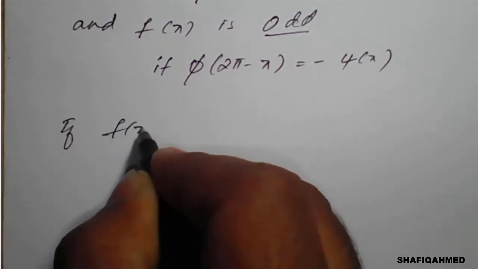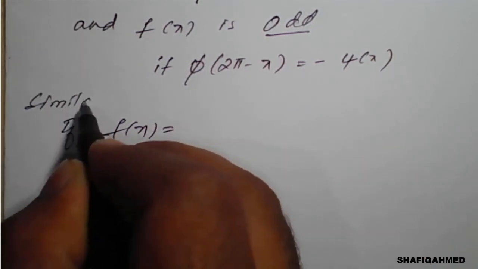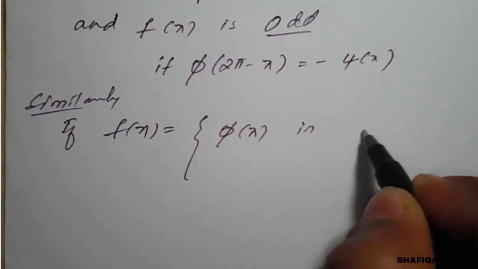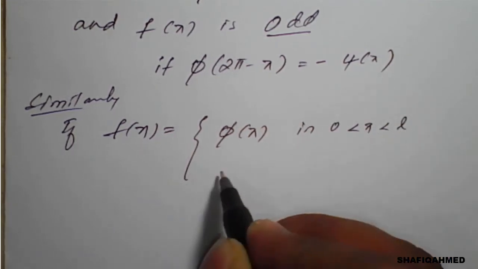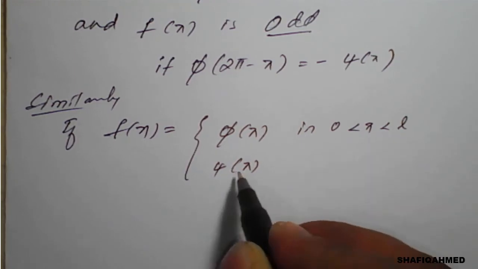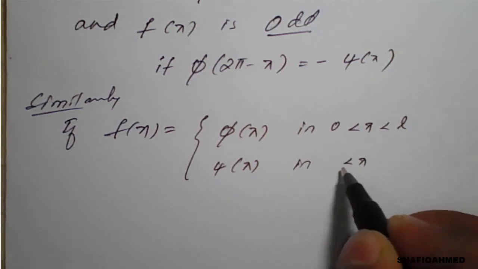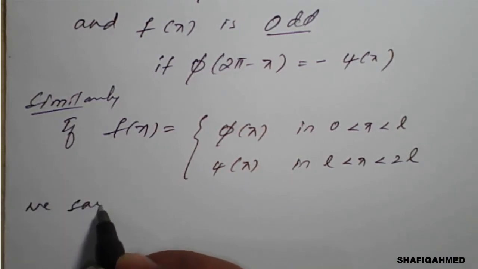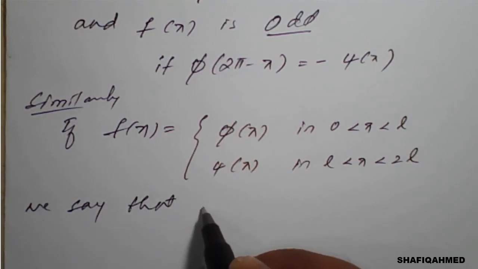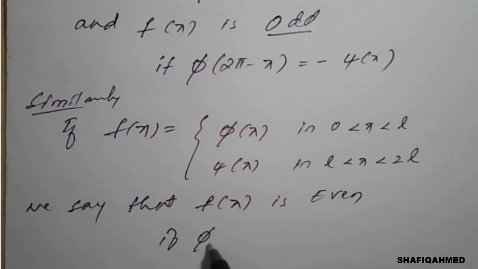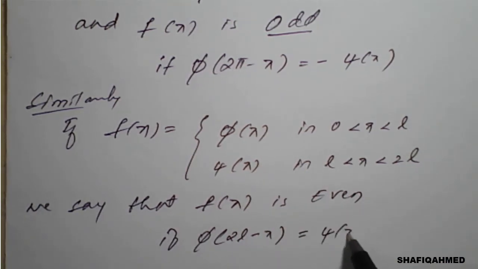If f of x is equal to phi of x in x greater than 0 less than L, and psi of x in x greater than L but less than 2L, then we say that f of x is even if phi of 2L minus x, because the period is 2L, is equal to psi of x.